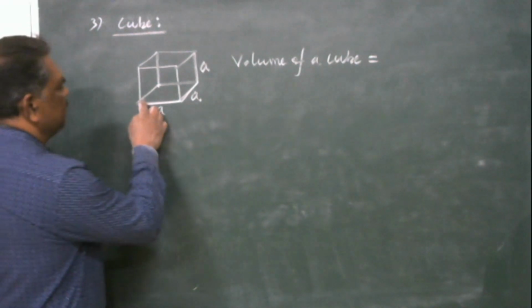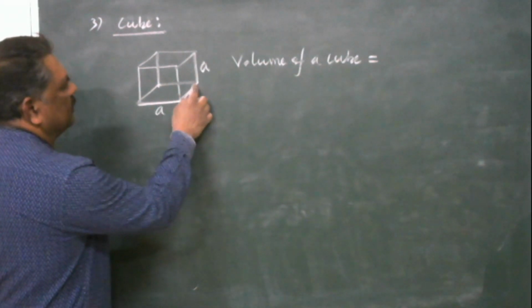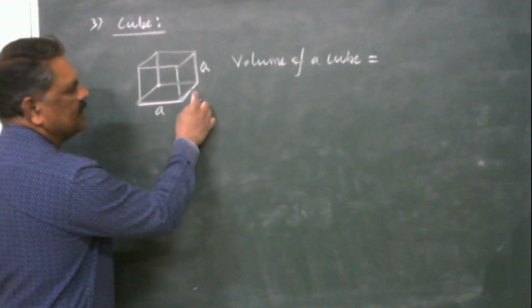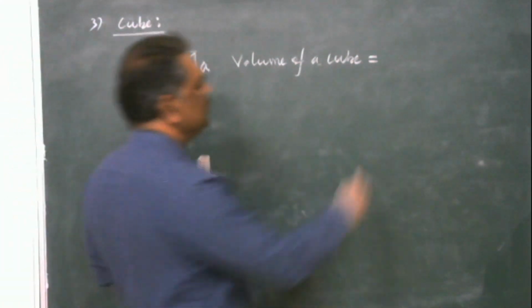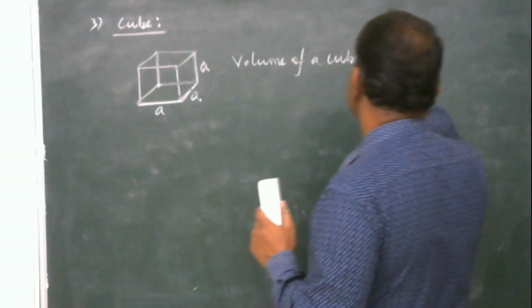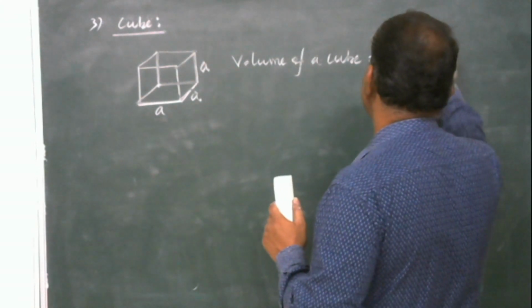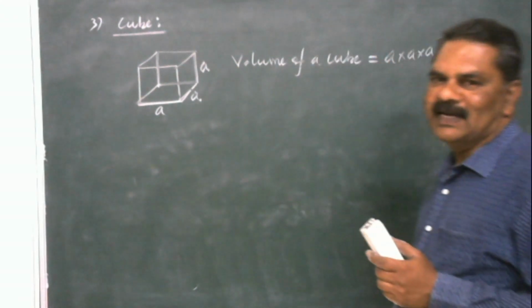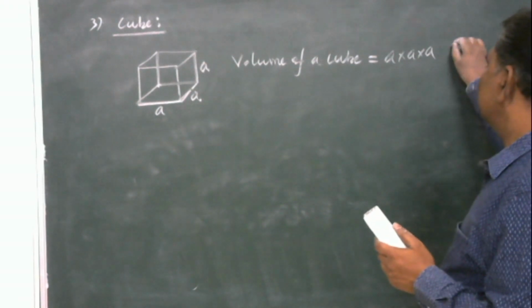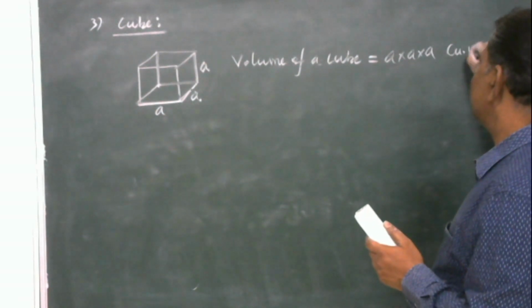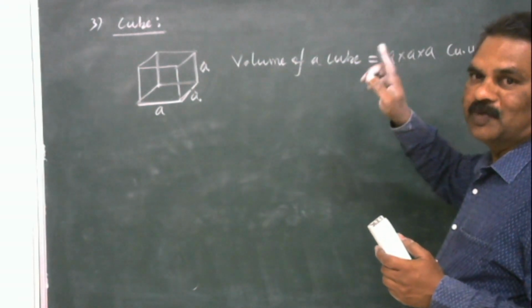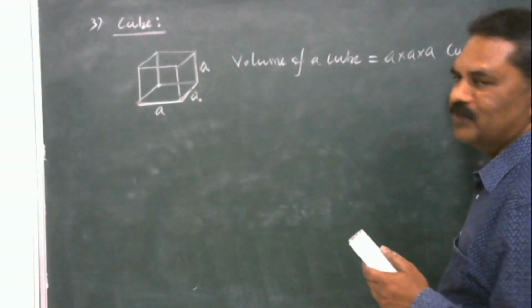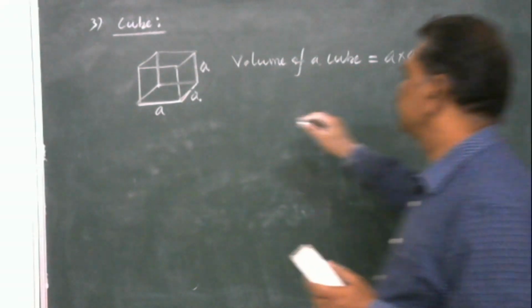Length is A, breadth is A, height is A, so multiply all three: A into A into A. These are cubic units. CU means cubic unit.